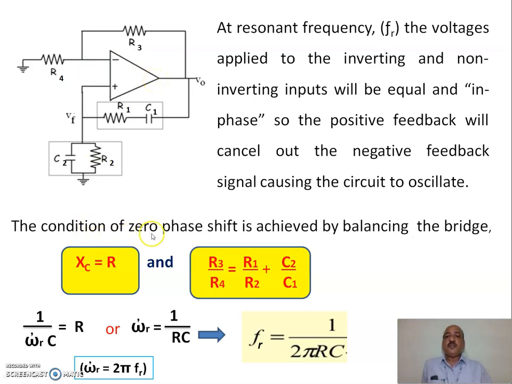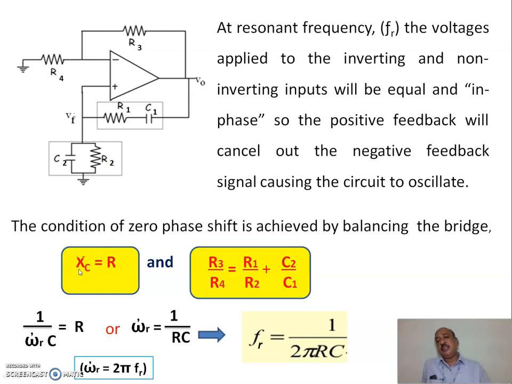The condition of zero phase shift is achieved by balancing the bridge. Here, as already discussed, Xc should be equal to R to get the resonant frequency Fr, and balancing the bridge is done by R3 by R4 equal to R1 by R2 plus C2 by C1. First we will discuss Xc is equal to R.